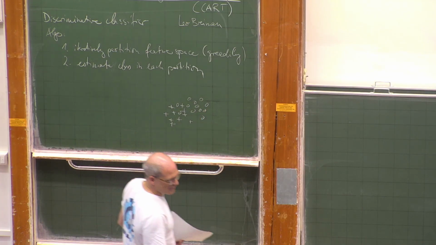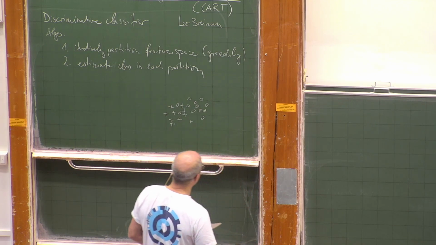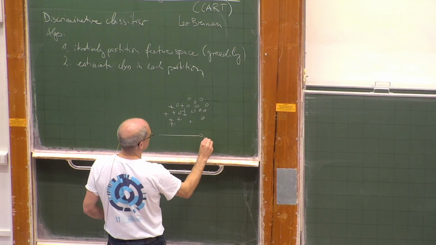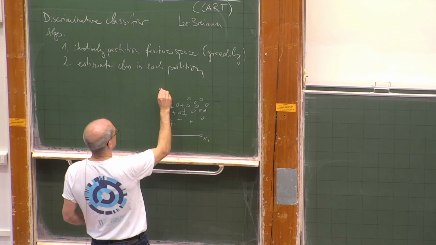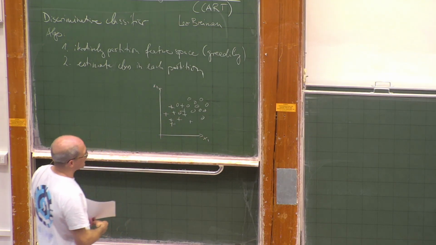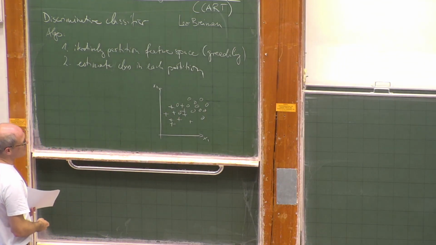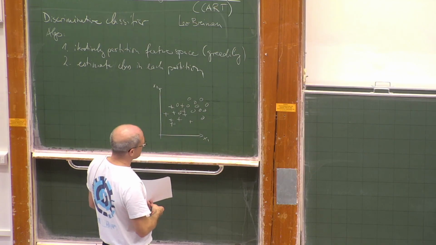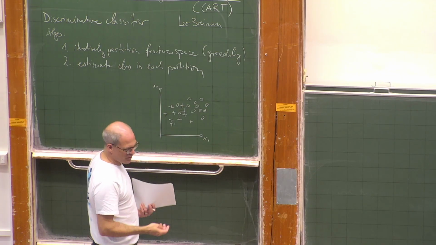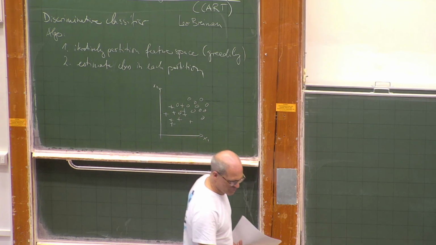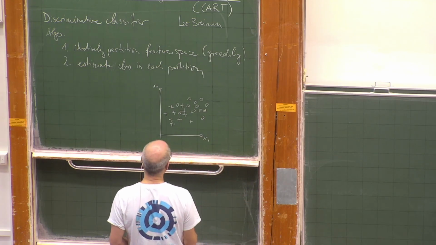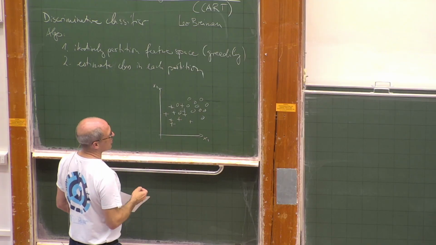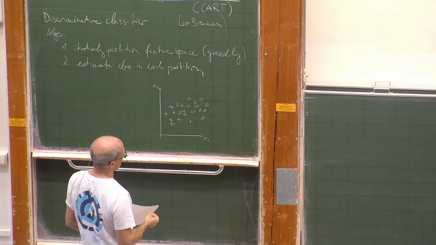And now what the method does is it iteratively splits these samples. And there are different ways of splitting. The predominant way traditionally in this line of work would be to split using only one axis at a time.